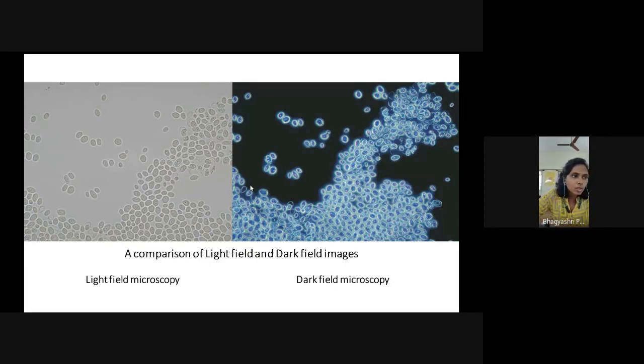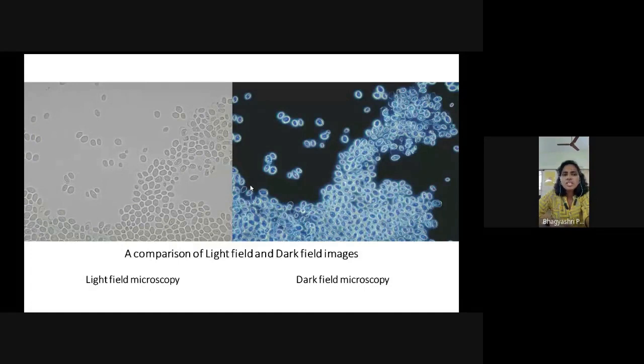This is how the organisms or the objects or the samples will appear. If you observe, the background is white colored or colorless. It is bright in nature. As compared to that, if you observe the picture on the right hand side, the background is completely dark. And the samples or objects are appearing illuminated because of the special set of condenser that this microscope has.